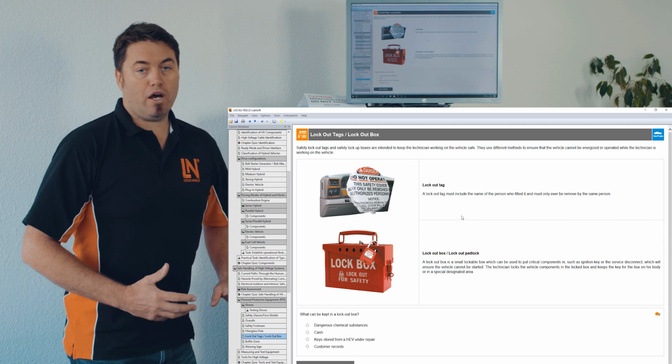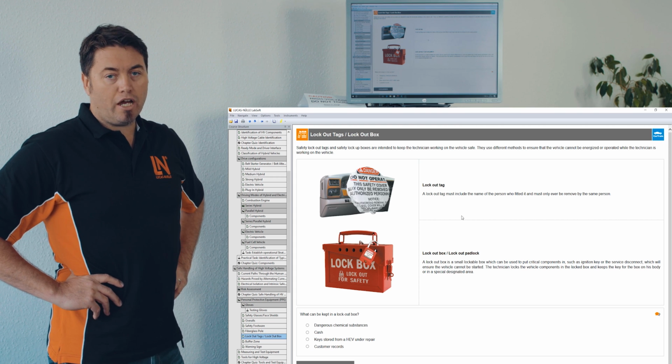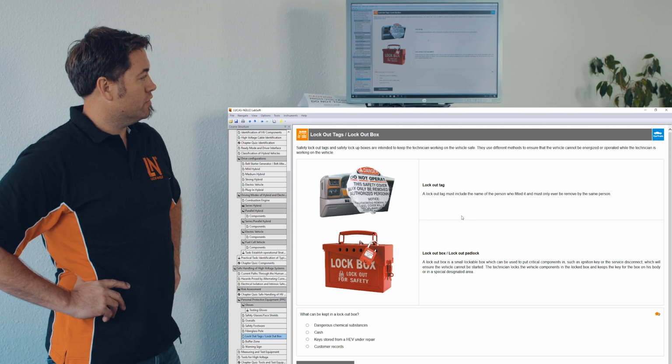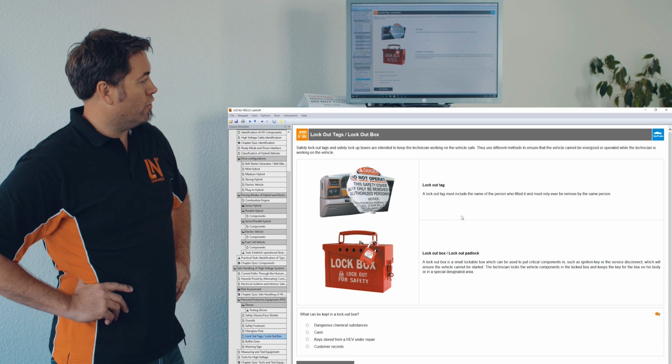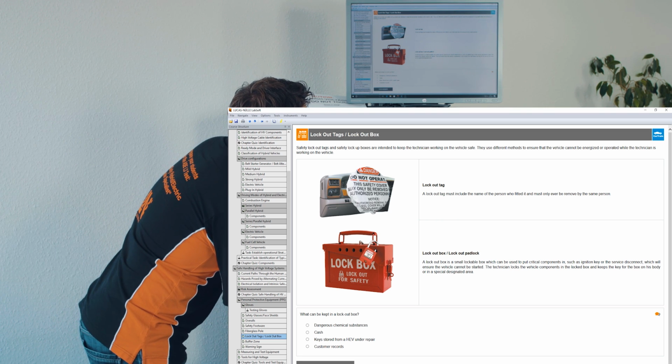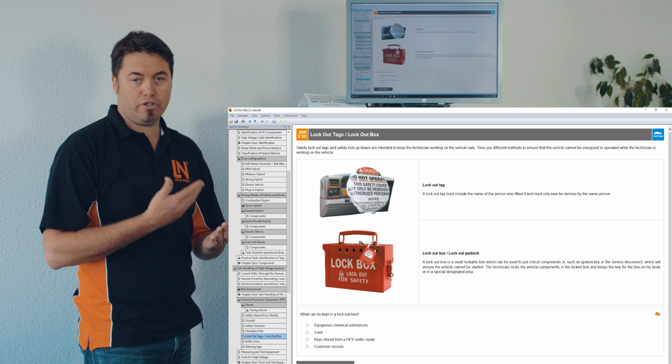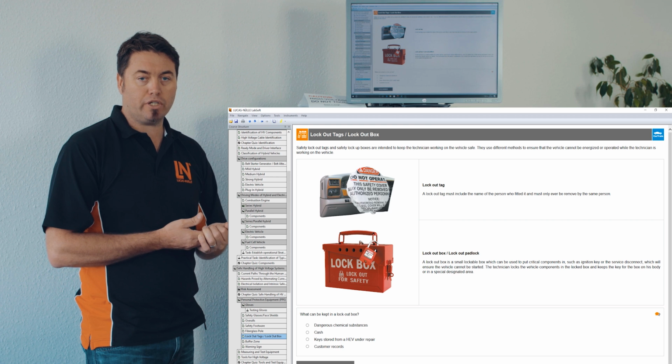Again, depending on where you are and what standards you're following, you might need to have lockout tags or a lockout box. A lockout box works in the way that the padlock you see on the lockout box belongs to you. The key has your name on it, the padlock has your name on it, and only you are allowed to take it.